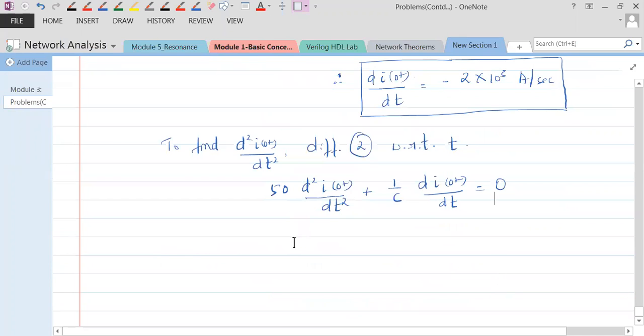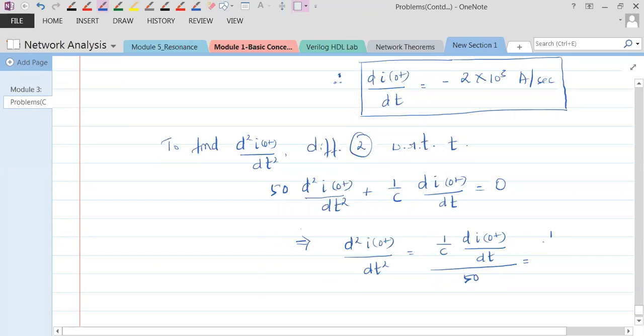This implies that d square I of 0 plus by dt square would be equal to 1 by c times di of 0 plus by dt divided by 50.